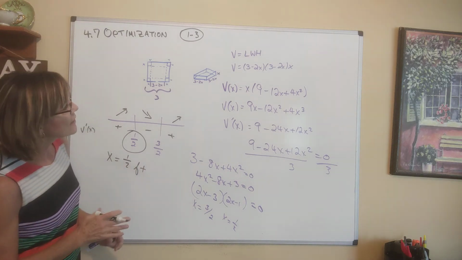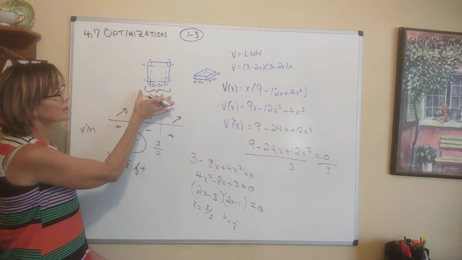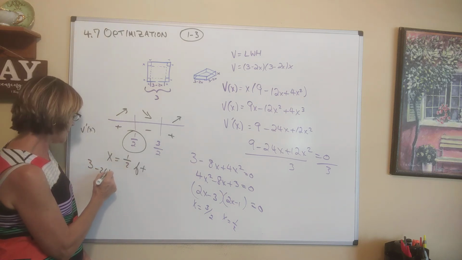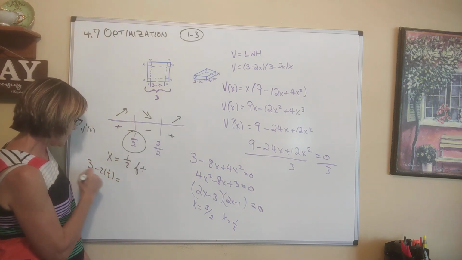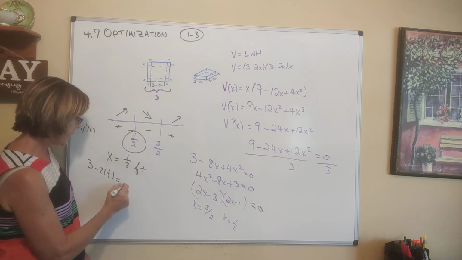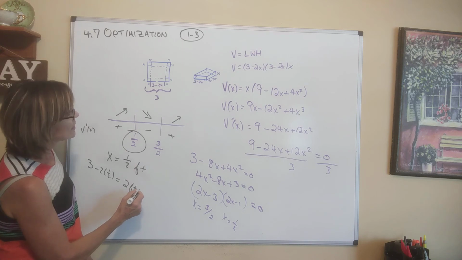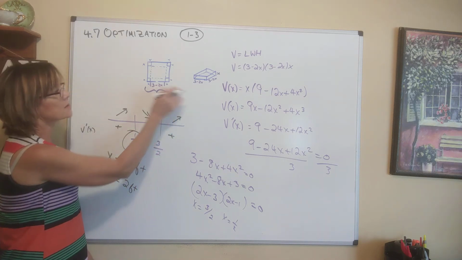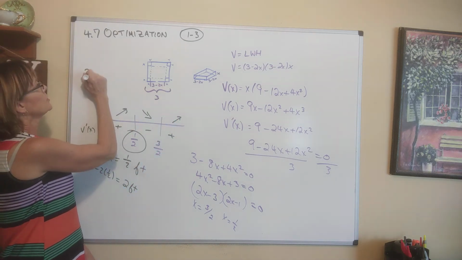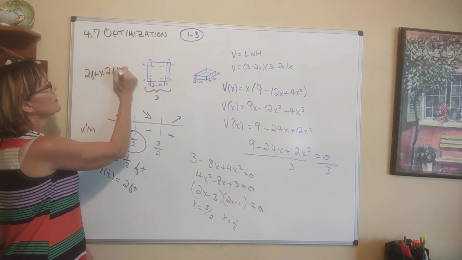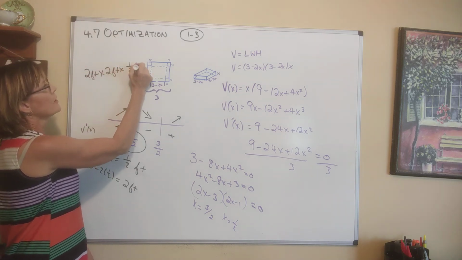So if x is half a foot, then what is this dimension? 3 minus 2 times 1/2 is 3 minus 1, which is 2 feet. That will be this side. So the dimensions that give the largest volume will be 2 foot by 2 foot by 1/2 foot.